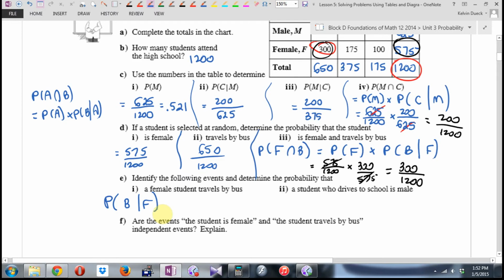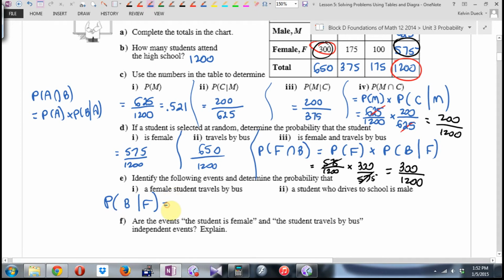Now, this is a little weird, Darian, because the word female appeared first, but it appeared second in my statement, because turns out English and math are backwards from each other. Sorry, but they are. If you know the student is female, what's the probability that they traveled by bus?